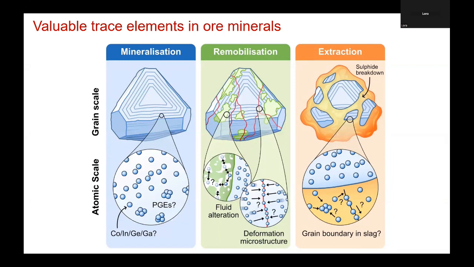This is particularly relevant for zinc smelting or even nickel smelting. In nickel, where does the cobalt go? And in zinc, where are the germanium and indium going? Are they in a slag in grain boundaries, or are they distributed throughout your slag materials? Are they forming nanoparticles?